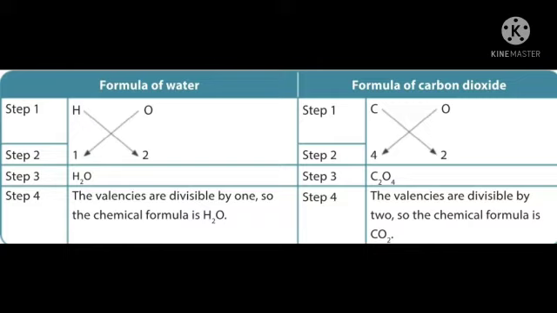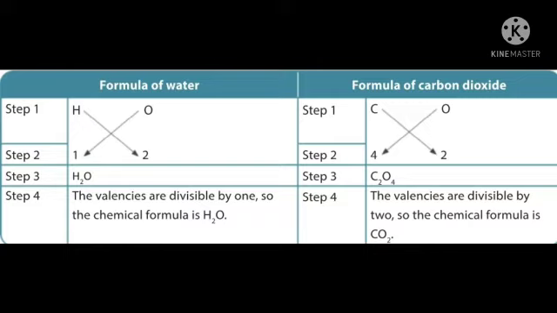Okay, carbon, what's the valency? 4. Then oxygen, 2. So you write C with 4 and O with 2. Then cross over the valencies: C2, O4. Understand? So here 2 and 4 are the subscripts of each element.